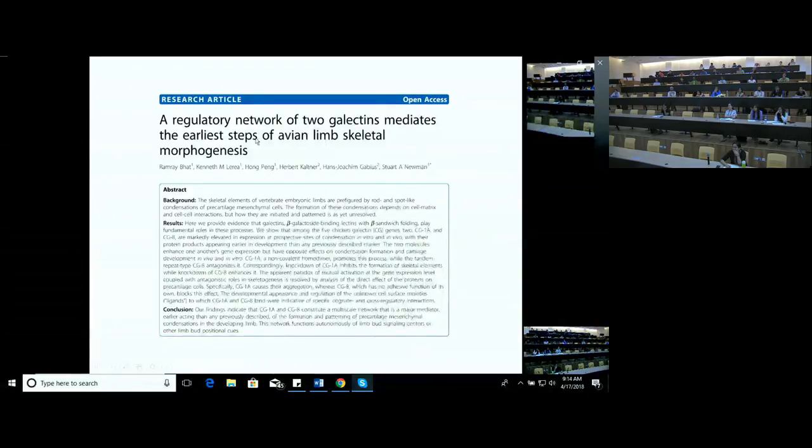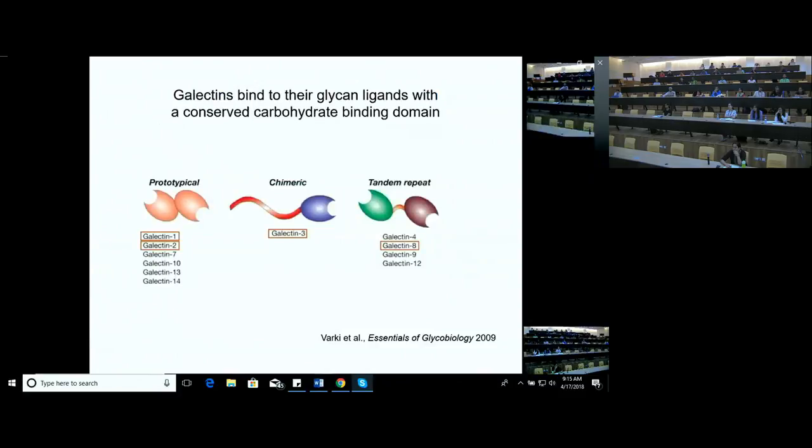What Ramanujan found was that there were a set of galectins that had been found in the chicken genome, and the chicken genome specifies 5 different galectins, and 2 of them play a key role in this Turing type of process. And so the galectins can be separated into a number of categories, and they're called galectins.